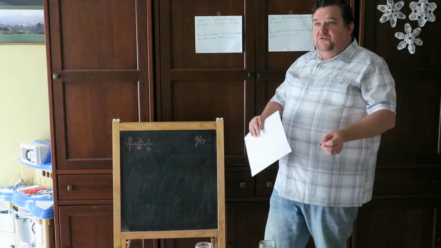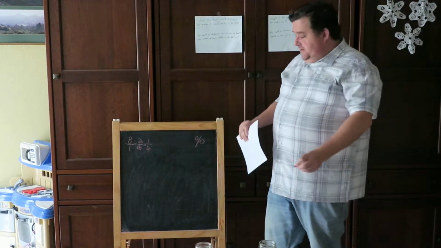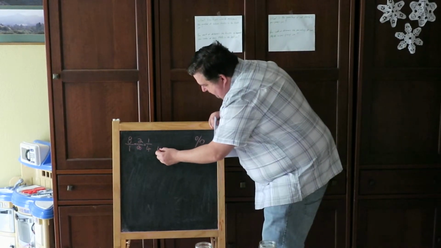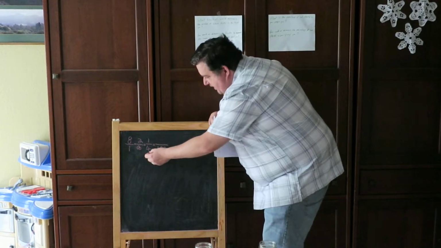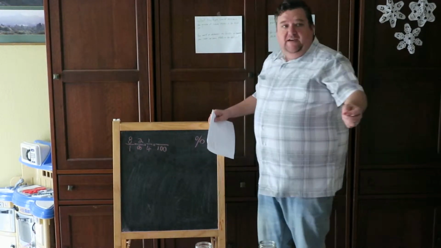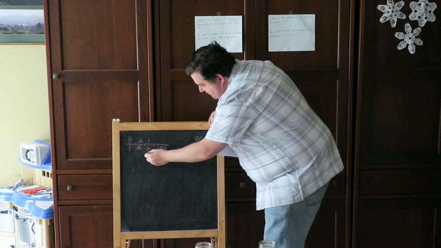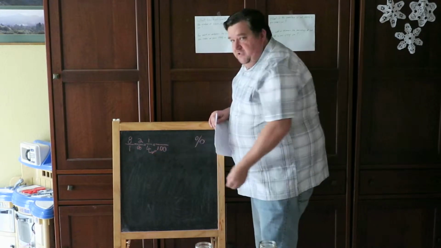So if we go back to my Papa John's pizza last night, I had 1/4 of the pizza. The best way to turn that into a percent would be to make the denominator 100. So 4 goes into 100, that's right, 25 times. So 4 times 25 equals 100.